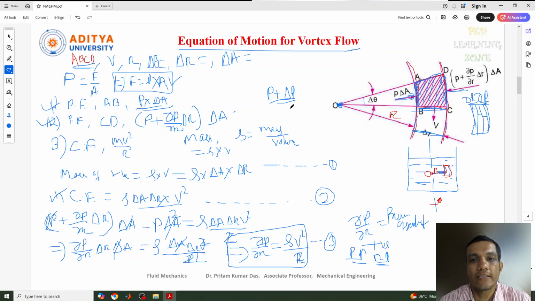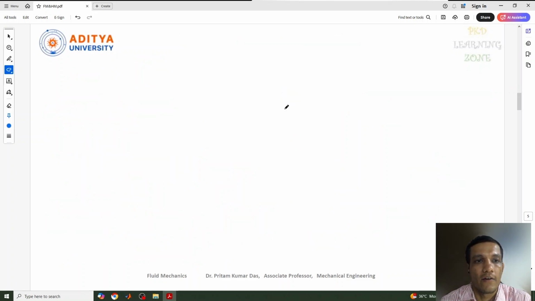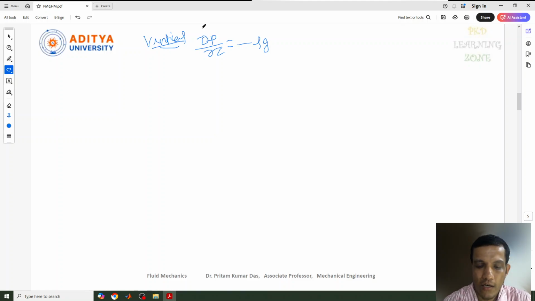Now if you consider the vertical direction, what will happen? We have seen previously during the hydrostatic law that the pressure equation was del P by del Z equal to minus rho into G.